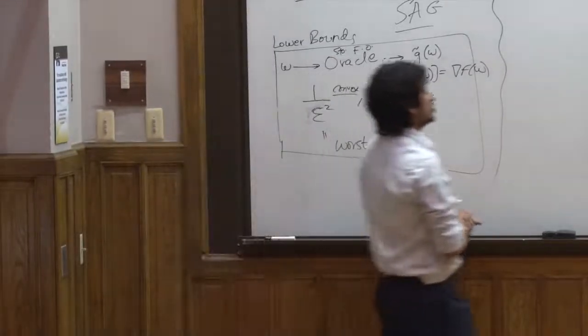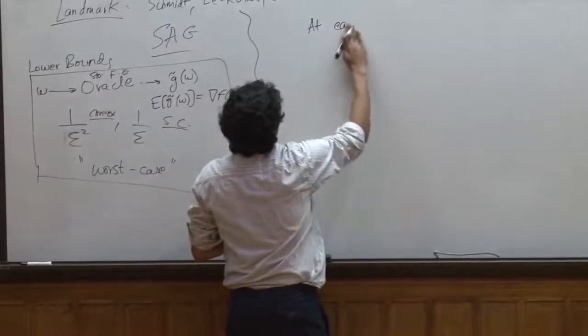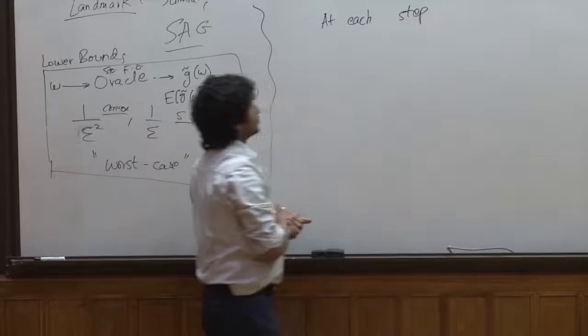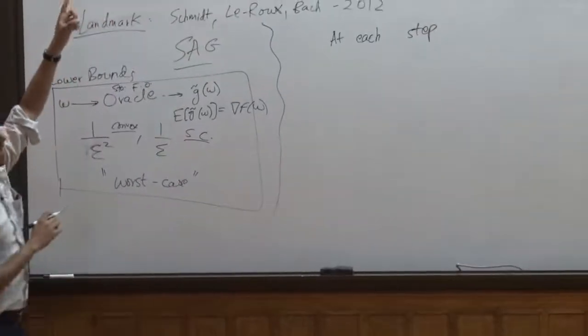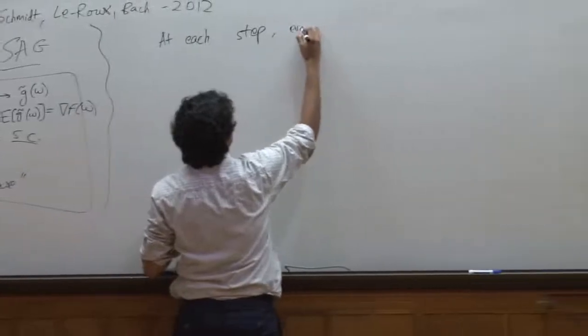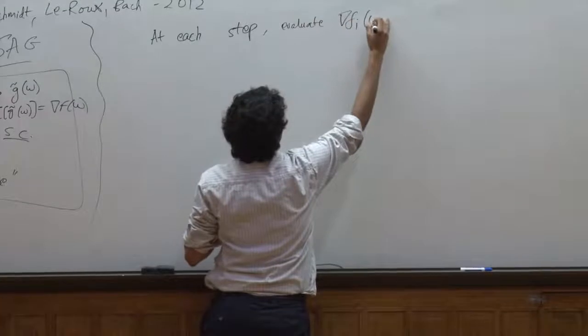Okay, so at each step, you pick a random data point i and you evaluate the gradient of f_i at your point w.